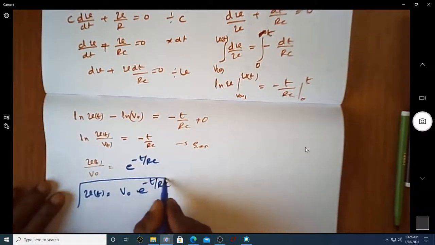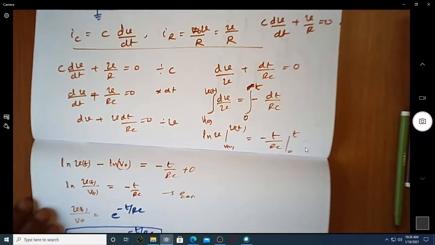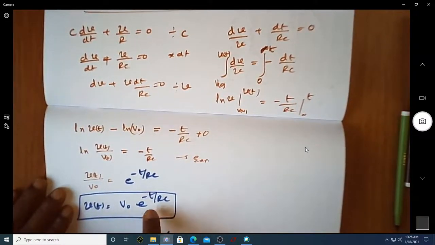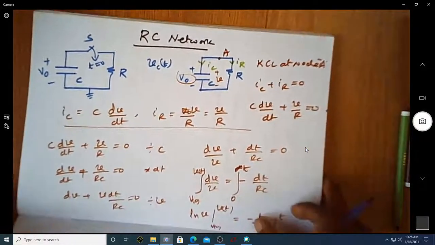This is the expression for the capacitor voltage at any point with the initial voltage across the capacitor as V0, R as the resistor to which this capacitor is connected, and C as the value of the capacitance.